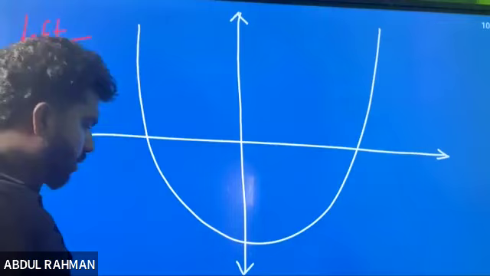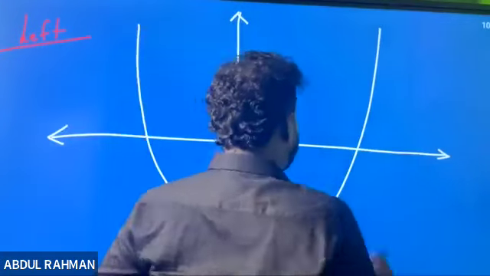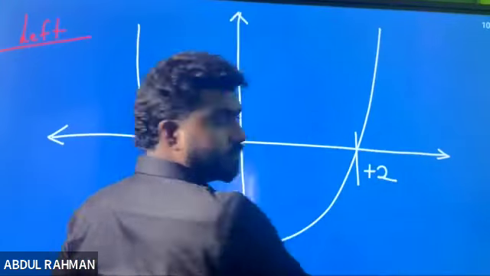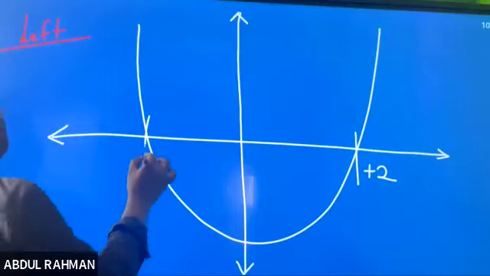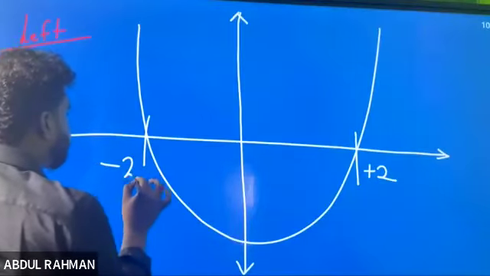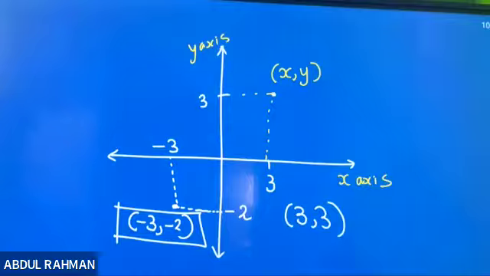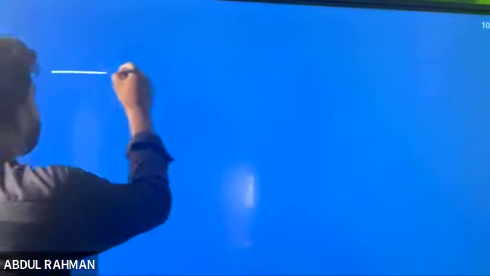Now when I follow up the graph here, I'm saying this value is +2 and this value is -2. Now can you remember, in your previous grades you learned the number line.